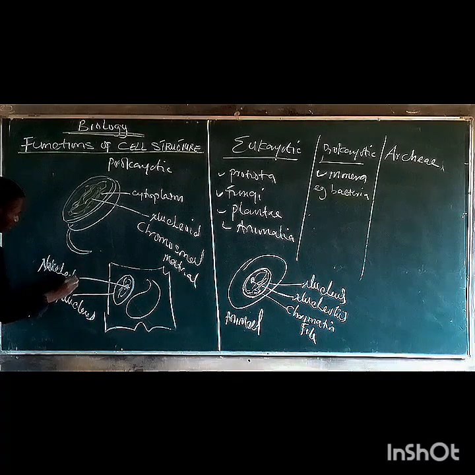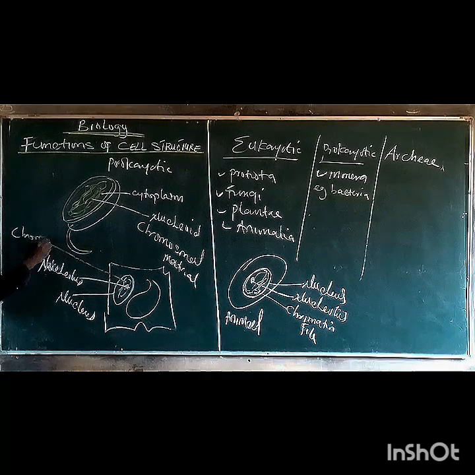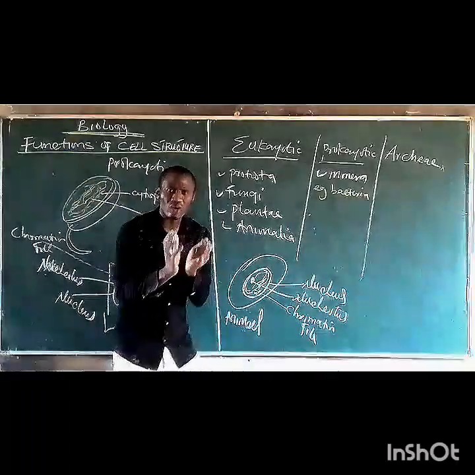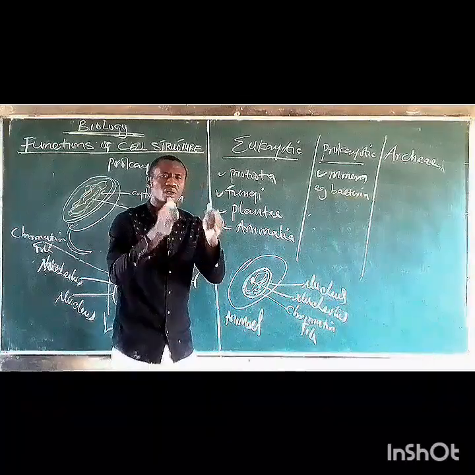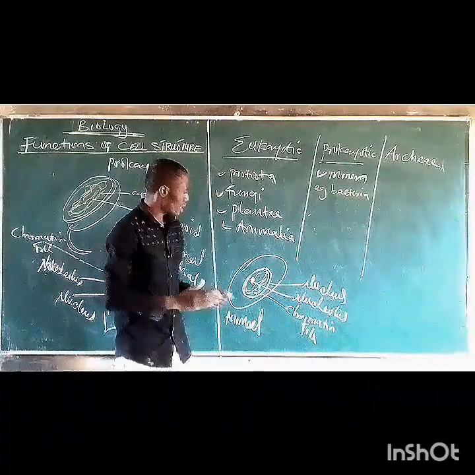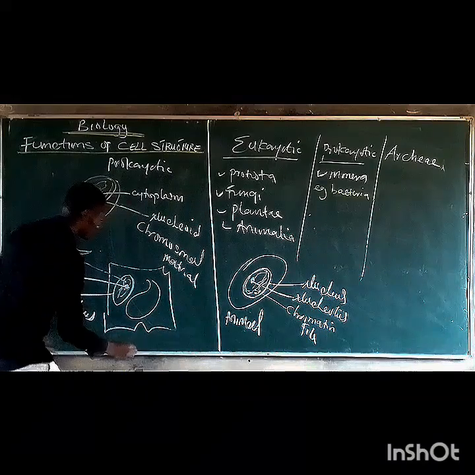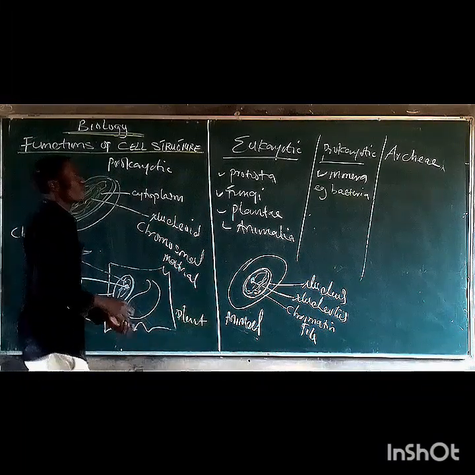Over there, chromatin. Now, you notice that the eukaryotic has a true nucleus, a visible nucleus. You can see it there. You can also see it there. This is a plant cell. There's a plant, there's an animal.